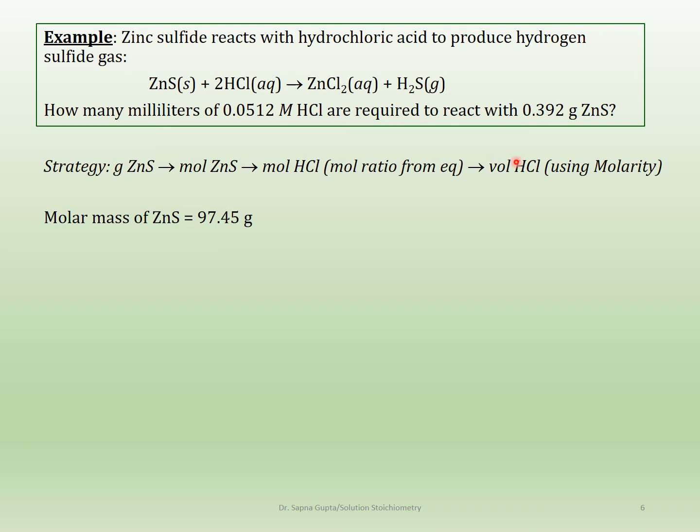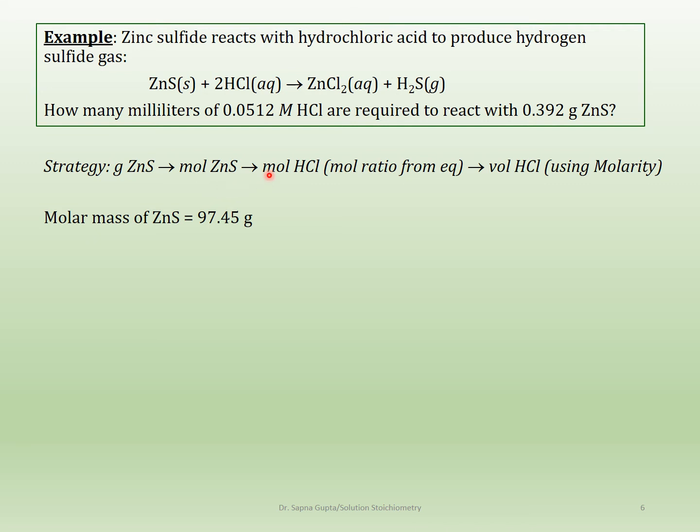So then let's form our strategy. The question is, how many milliliters of 0.0512 molar HCl? So if we are trying to find out how many milliliters or how much volume of HCl we need, we can't start with this. We have to start with the zinc sulfide. So grams of zinc sulfide, convert that into moles as usual.